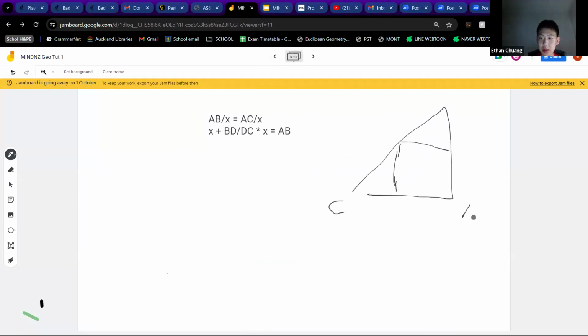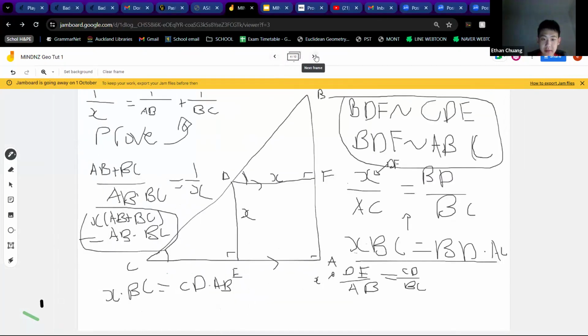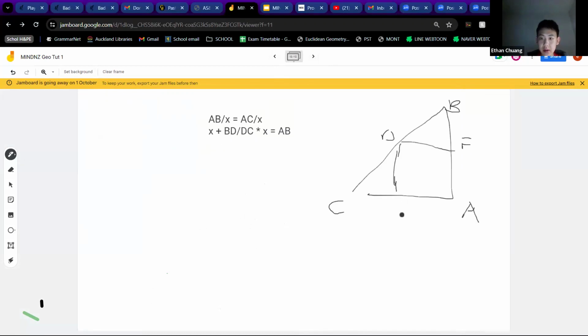Is this C A B? Is this D? I've forgotten which the sides are. D F E. Alright, so you're saying X plus BD over DC times X equals AB. How did you manage to get that? BD over DC equals, okay, so you're saying BD over DC equals BF over X. That's true, yes.